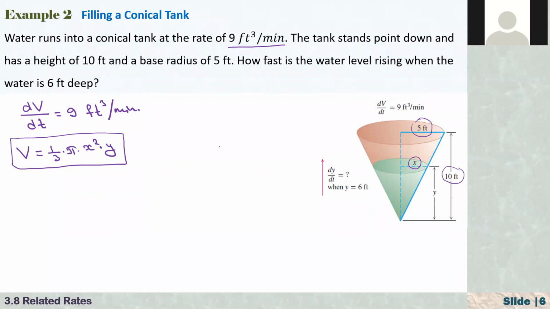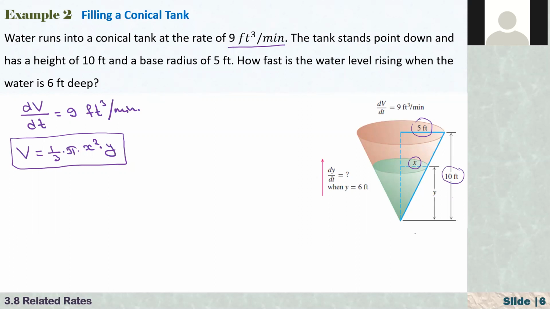Okay, so here, if I just differentiate this, we can do this, but it will be complicated. But here the point is, can I reduce the number of variables in this equation to two? So how can I do this? Actually, there's a relationship between this x and y, right?